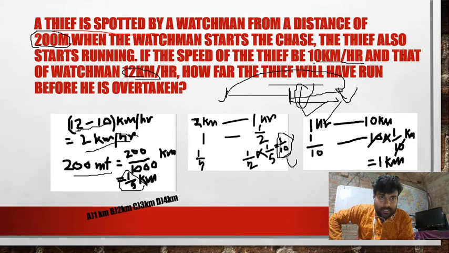At the thief's speed, the thief takes 1 hour to cover 10 kilometers, so in 1 by 10 hour he covers 1 kilometer. Okay, it's clear. So the answer is 1 kilometer.